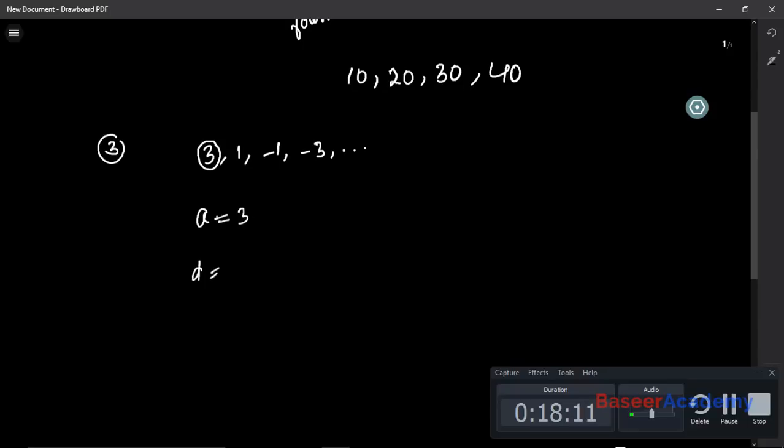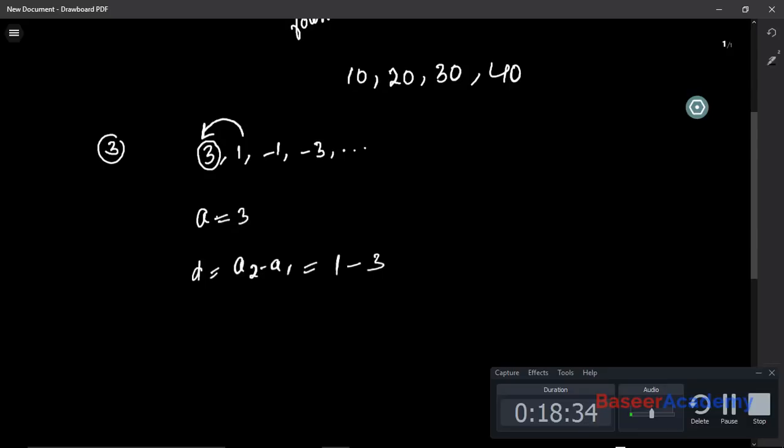And then they asked us to find out the common difference. Let me find out the common difference. So from the second term I'm subtracting the first term. Second term we denote it as A2. First term is A1. So A2 minus A1 will give me the common difference. Second term is 1 minus first term is 3.